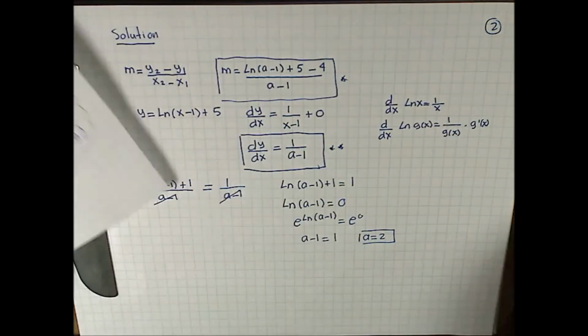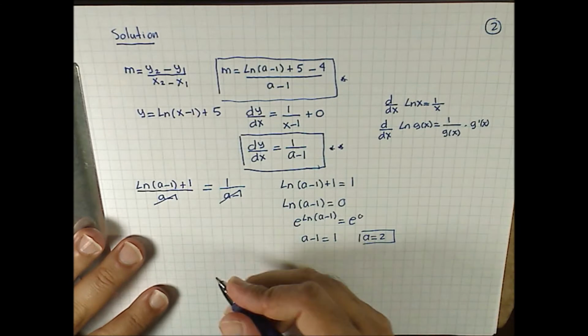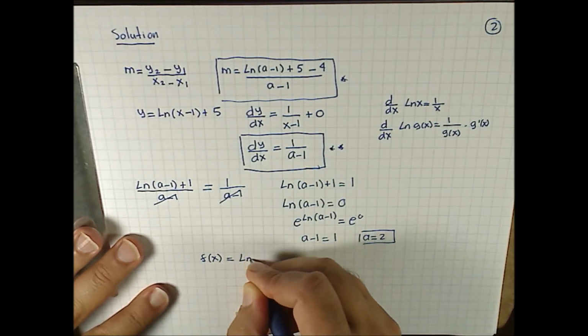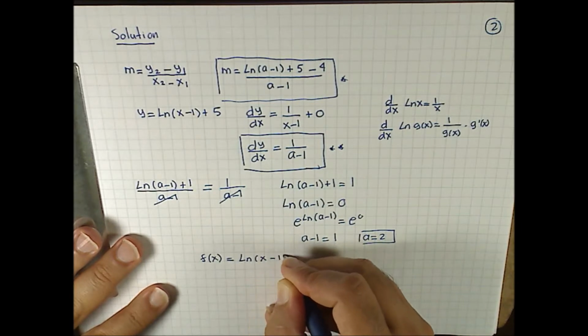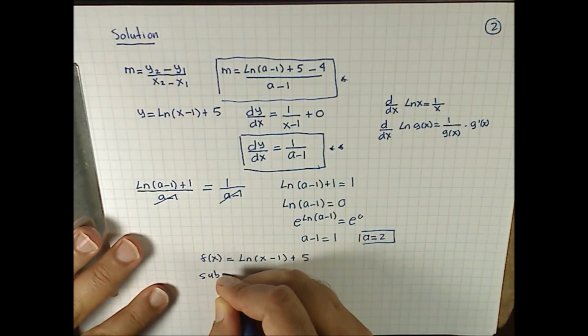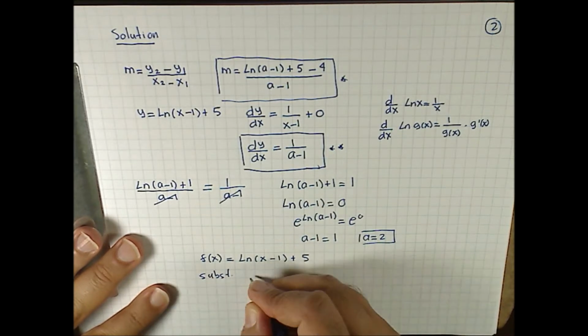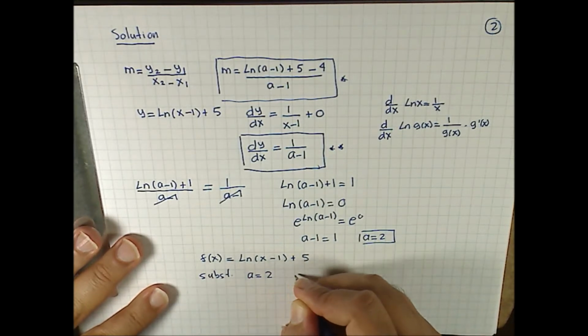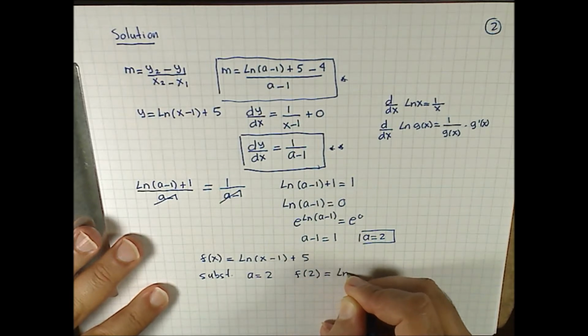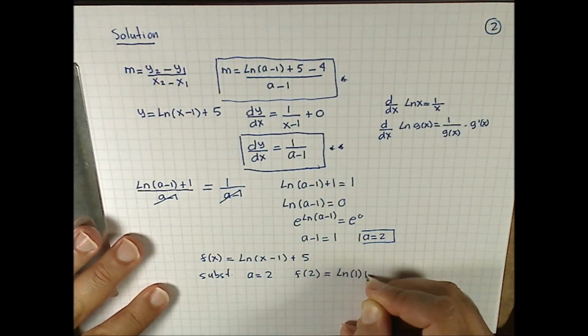All right, so now let's find the y value. f of x is log of x minus 1 plus 5. Let's substitute a equals 2 for x. You get f of 2 is log of 2 minus 1, which is log of 1, plus 5.